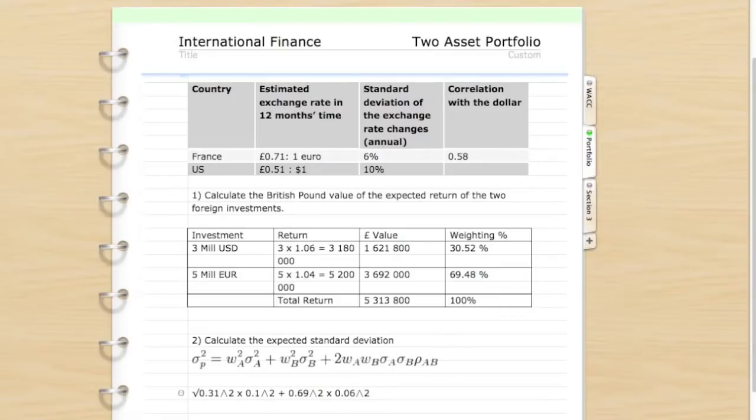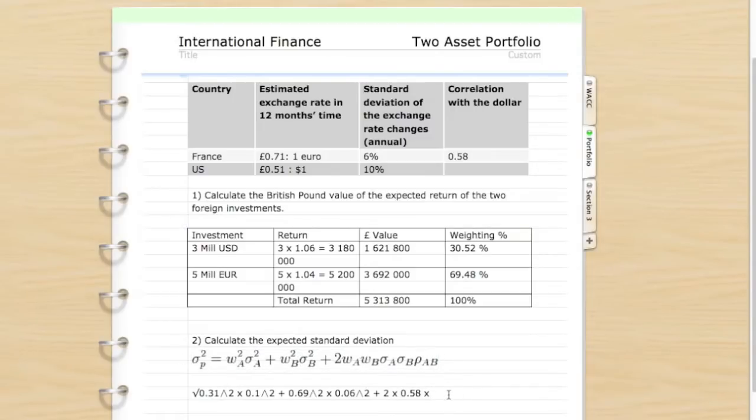to the power of 2, and finally we say plus this formula. All it's saying is 2 times the correlation times the weighting and times the standard deviation, for each asset. So it'll look like this. We say 2 times the correlation, which is 0.58, times, and the easy way to remember is just 2 times the correlation times that.